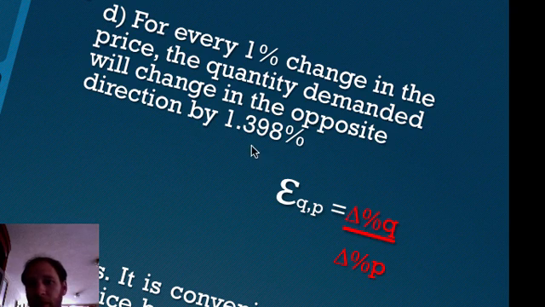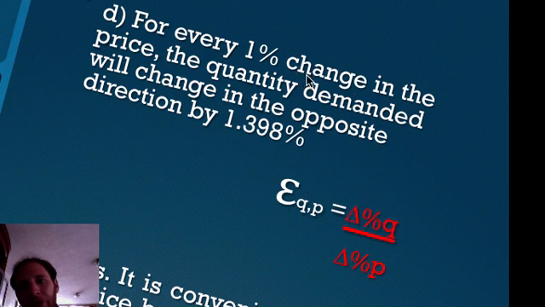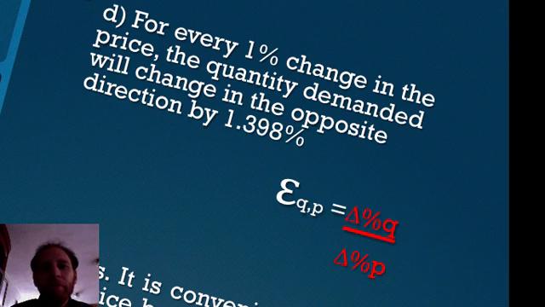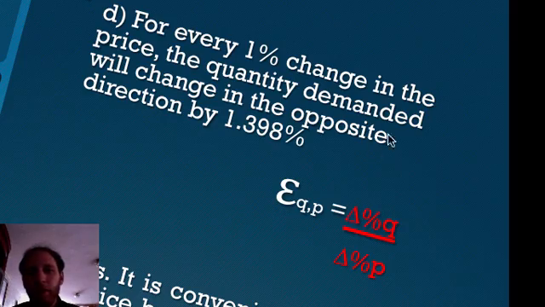In this case, maybe 1.39. For example, this could be interpreted as, for every 1% change in the price, the quantity demanded will change in the opposite direction 1.39%. I mean, it's only how much Q will change if we have a change in P, but everything in percentage terms.